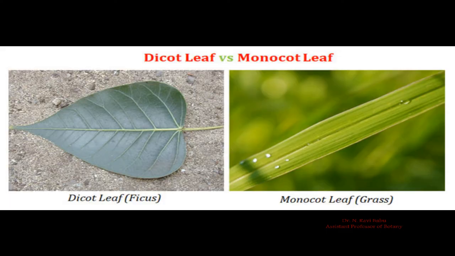Isobilateral leaves are the long, slender leaves, and you can never differentiate the two surfaces, dorsal or ventral. Better examples for isobilateral leaves are sugarcane, paddy, etc. And the leaves of mango, papaya, guava, etc., are all dicots. They have the dorsiventral type of leaves. I think it's clear for you.